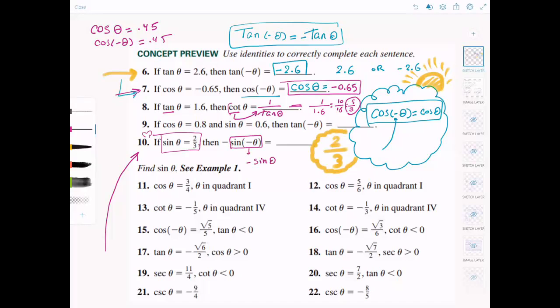The negative will go outside, and the question has another negative here. Negative times negative is positive sine of theta. Sine of theta, we have it here, is 2/3. So this is correct. All right, guys.